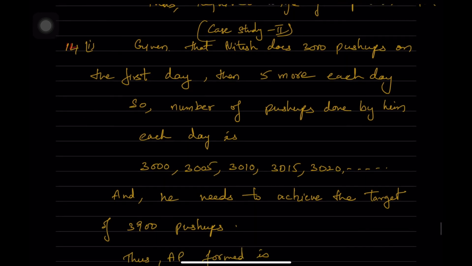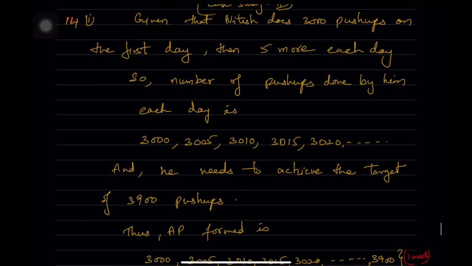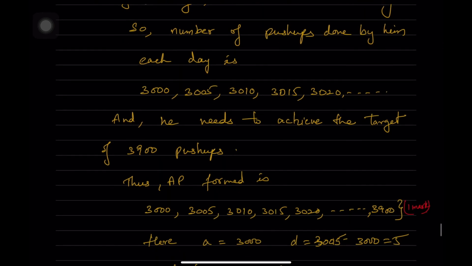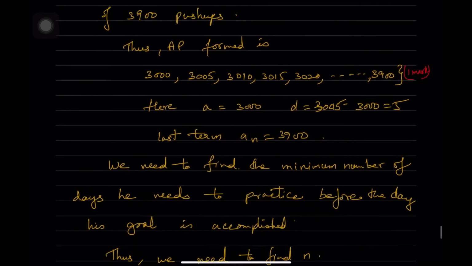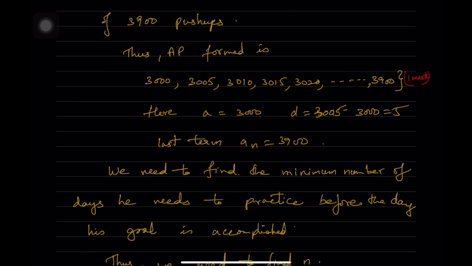Given that Nitesh does 3000 push-ups on the first day, then 5 more each day. So number of push-ups done by him each day is 3000, 3005, 3010, 3015 and so on. And he needs to achieve the target of 3900 push-ups. So AP formed is 3000, 3005, 3010, 3015, 3020 and so on.